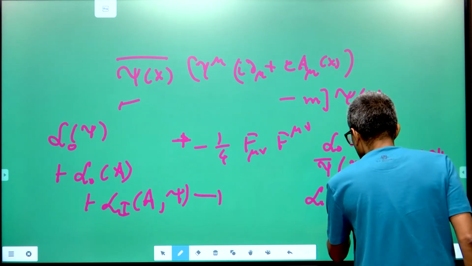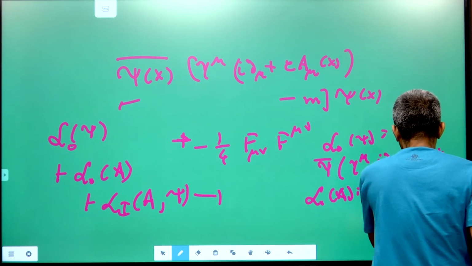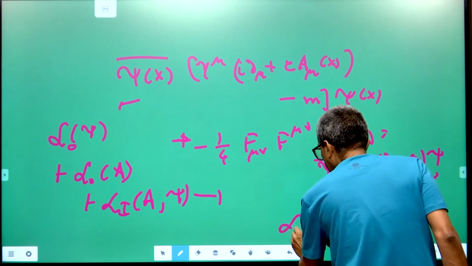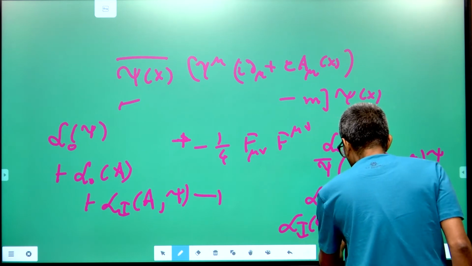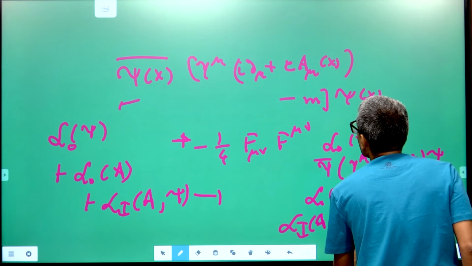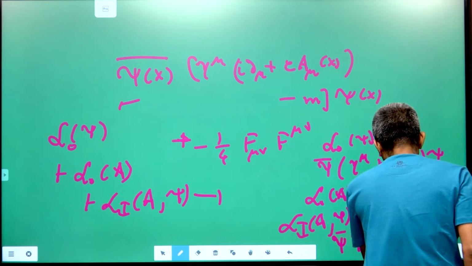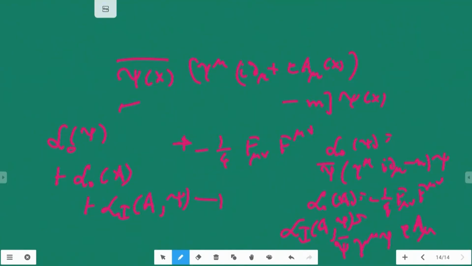L0 of A can be written as minus 1 by 4 f mu nu, and Li of A and psi can be written as psi bar gamma mu psi into e a mu, that is j mu a mu. So I want to control.